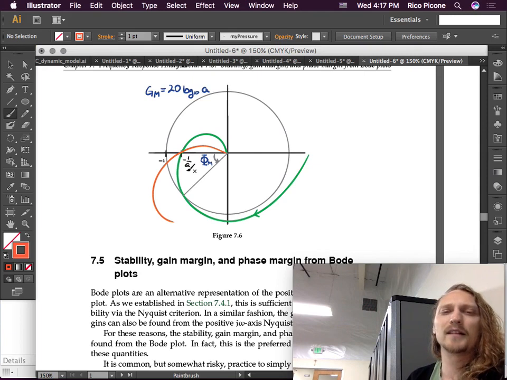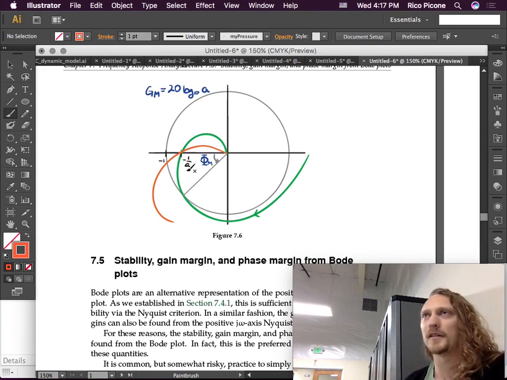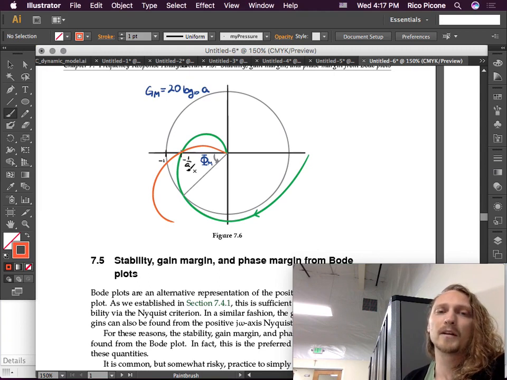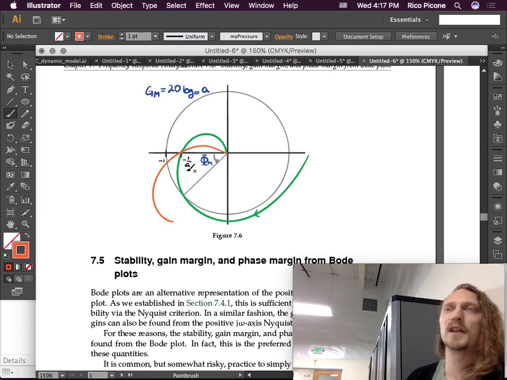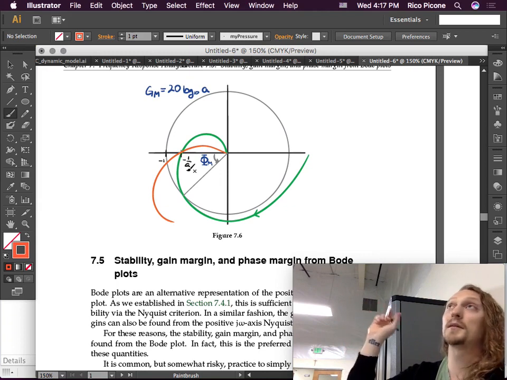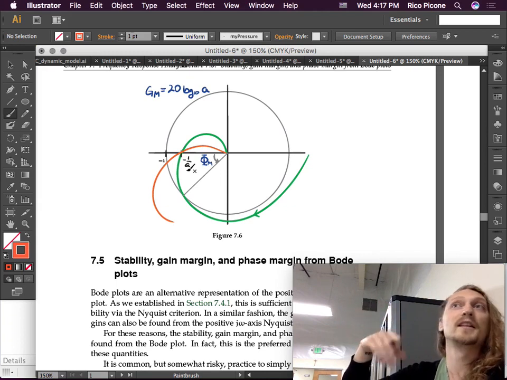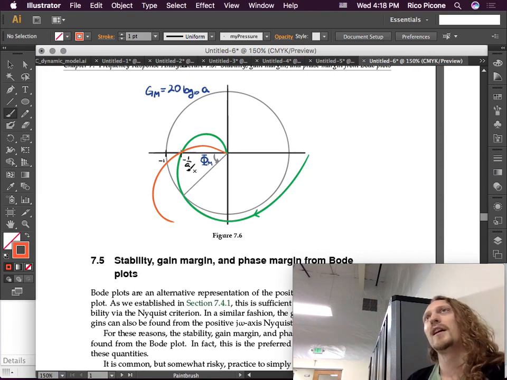The time response characteristics related to the phase margin are different than those for the gain margin. And you can have two systems with the same gain margin and different phase margins, or the same phase margins and different gain margins. And so you can sort of get a feel for the system in two different lights, although they're not totally uncoupled.